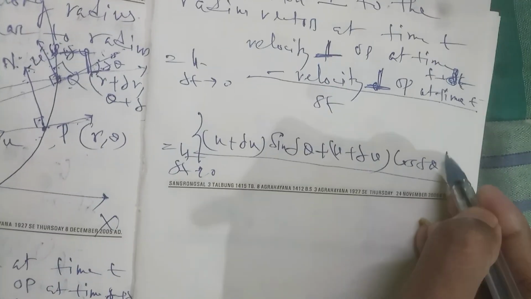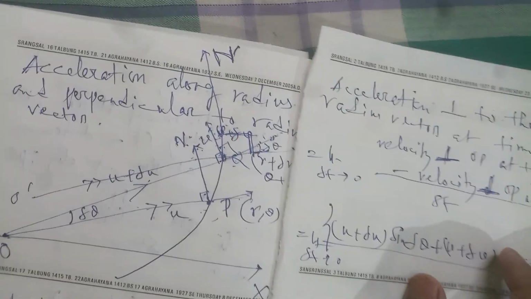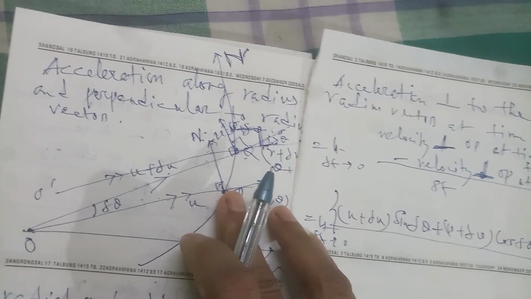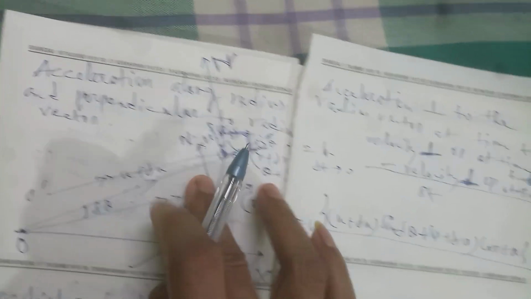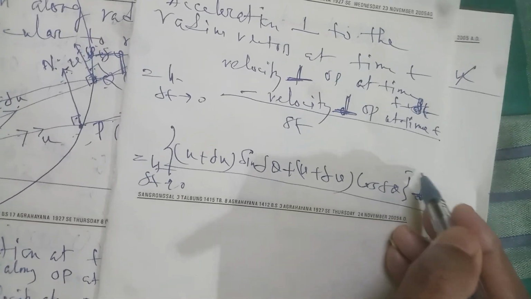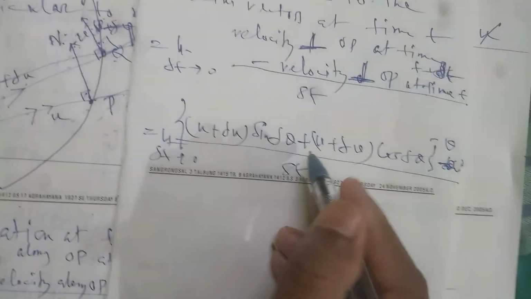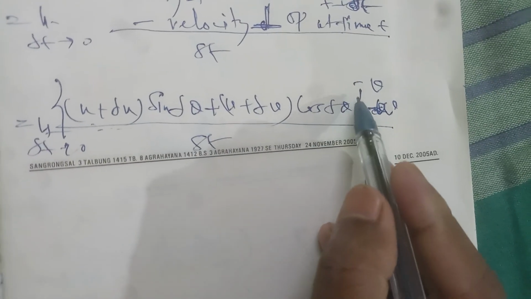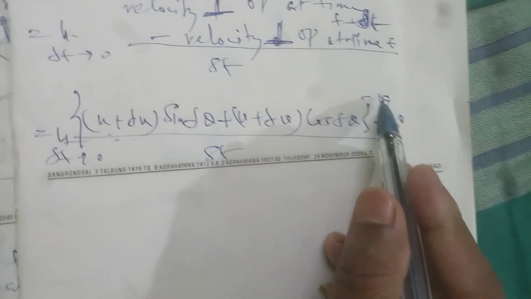Now this one is at time t plus delta t, and at P, that is at time t, the velocity perpendicular to OP was only V. So only minus V, which is at time t.